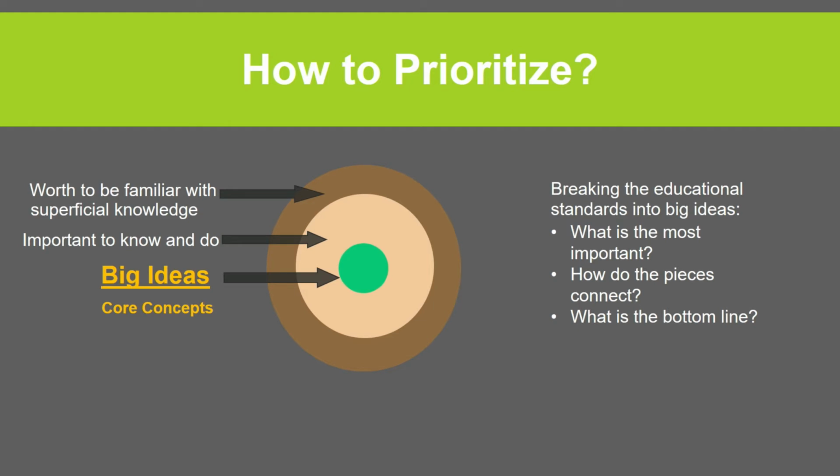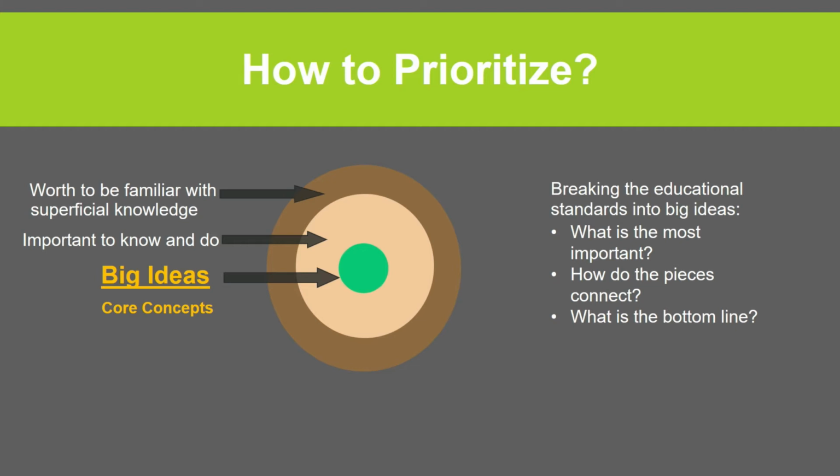It's also fairly accessible to think about, okay, in what context? So what would be worth being familiar with, superficial knowledge, but you wouldn't necessarily assess them on this knowledge. So that would be, well, how many calories are in a box of cereal or in one serving of cereal?